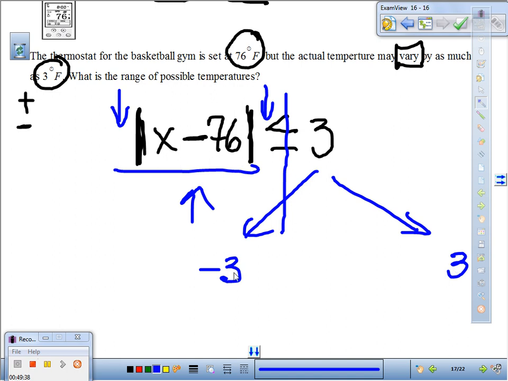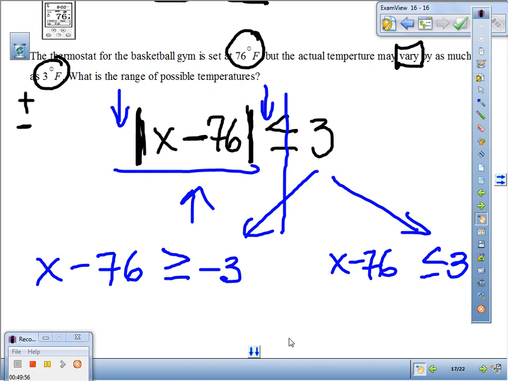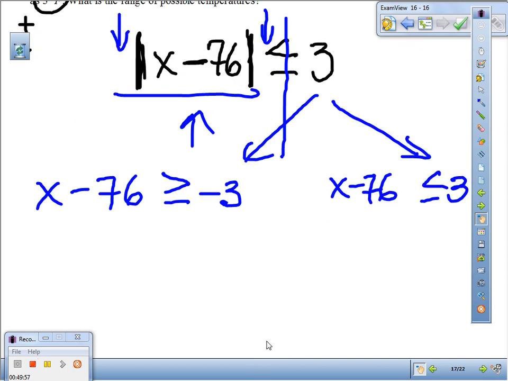If it's for negative 3, who remembers what to do to the inequality symbol? Flip it. We flip it, write whatever's inside, x minus 76. This one stays the same, and we write x minus 76. Do we know how to solve that?